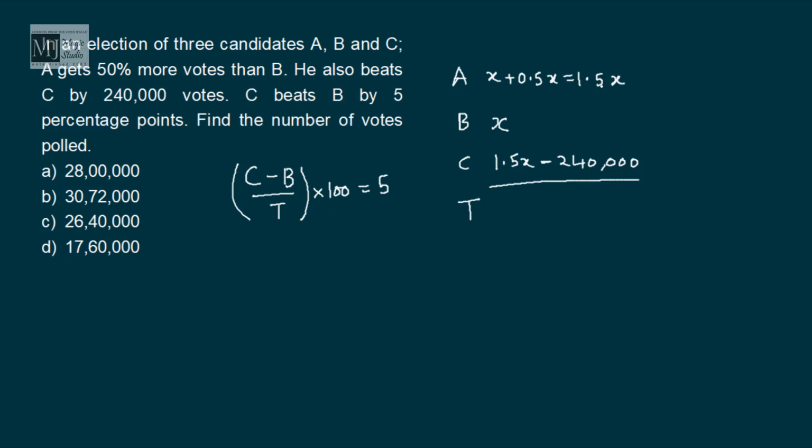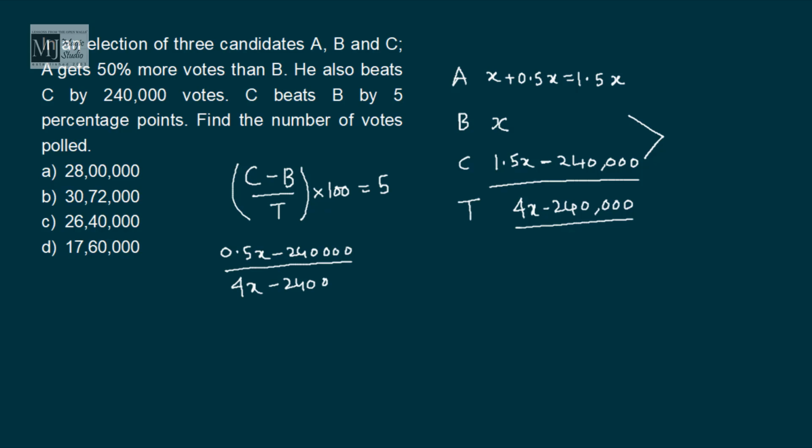Now first we need the value of T. T is total of A, B and C. That would be 3 plus 1, 4x minus 240,000. Difference between C and B would be 1.5x minus x. That is 0.5x. So (0.5x minus 240,000) by (4x minus 240,000) is 5%. 5% is 1 by 20.